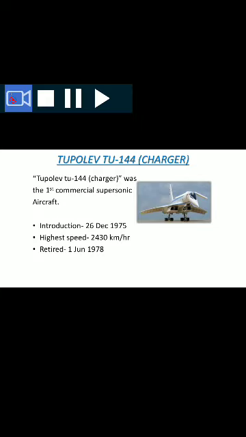This is one of the civil aircraft that used a scramjet engine. It was introduced on 26 December 1975, with a high speed of 2430 km per hour. It was retired on 1st June 1978.